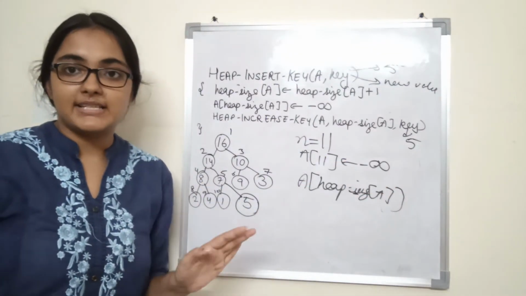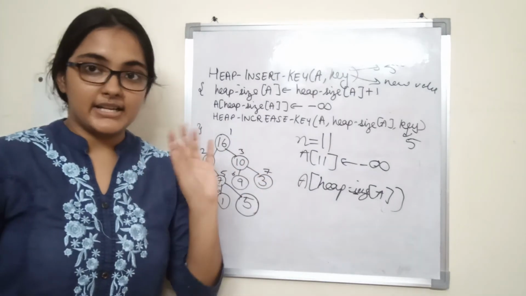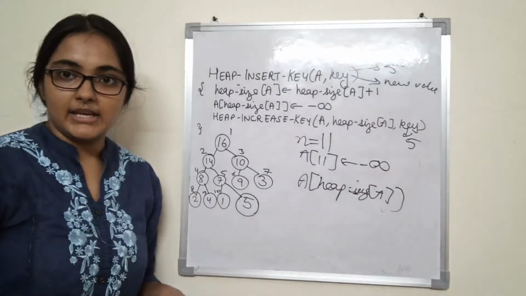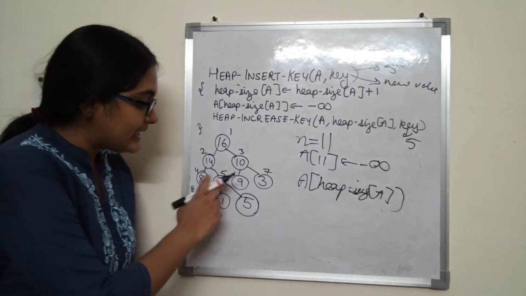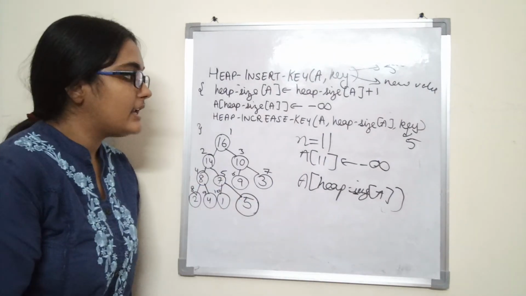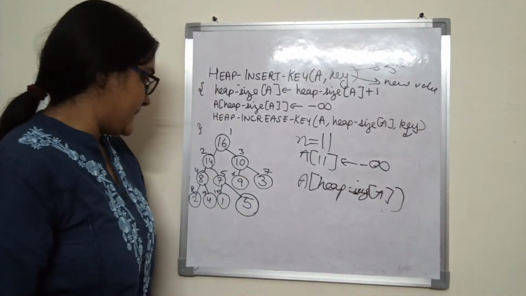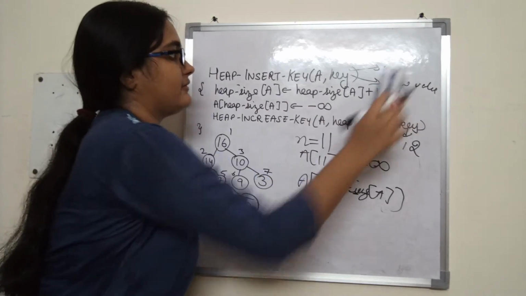No, because minus infinity is the smallest possible value, so that condition fails. Now A of I is equal to key, which is 5. Now we will repeatedly check its value with its parent. Let us say it is not 5, let us say it is 12.